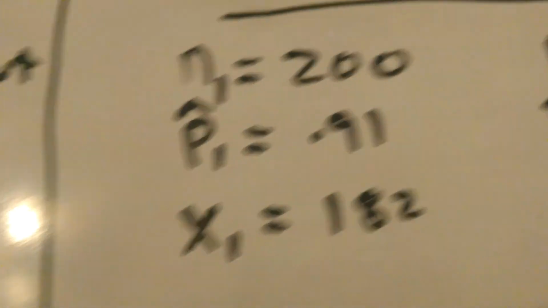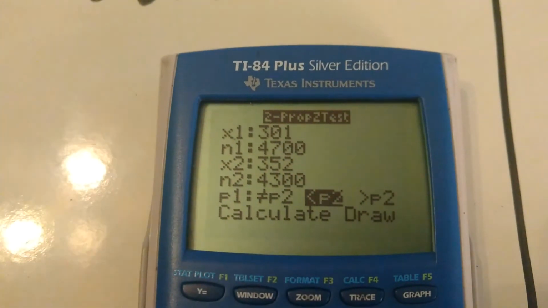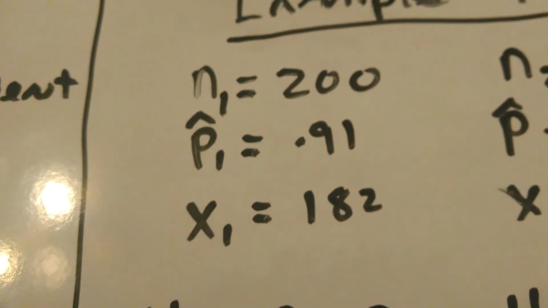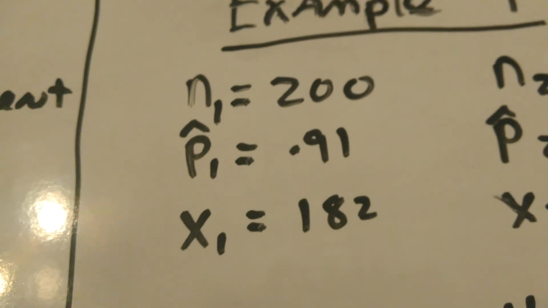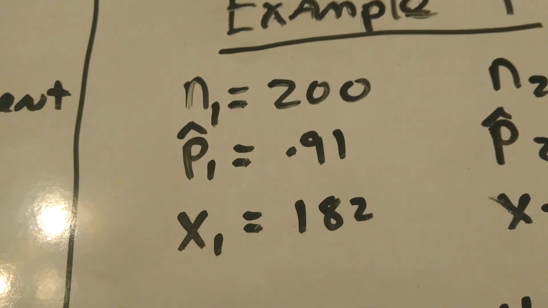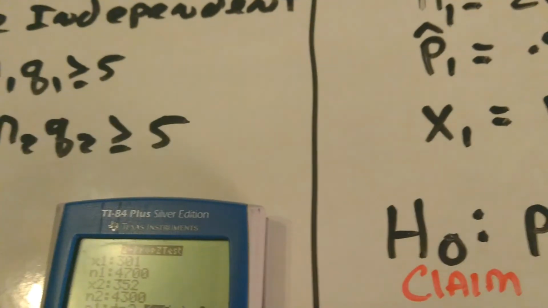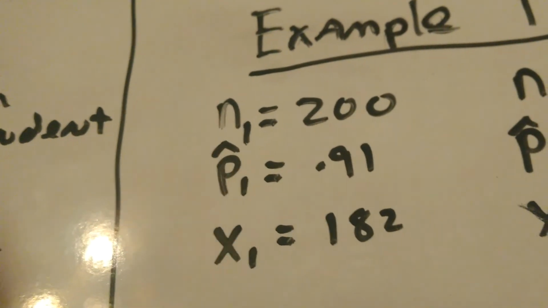And when I hit number 6, I'm going to put these numbers in. Notice that all it's asking for is X1 and N1. That's the reason I was telling you the relationship of being able to find X if they give you P and N. Okay? All you got to do is multiply N by P. So if we plug these numbers in, we got 182 and 200.